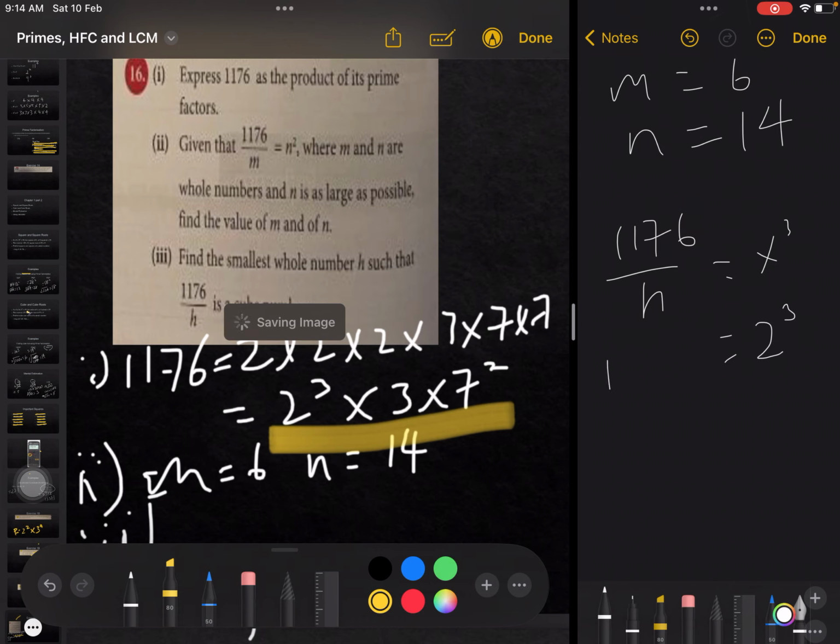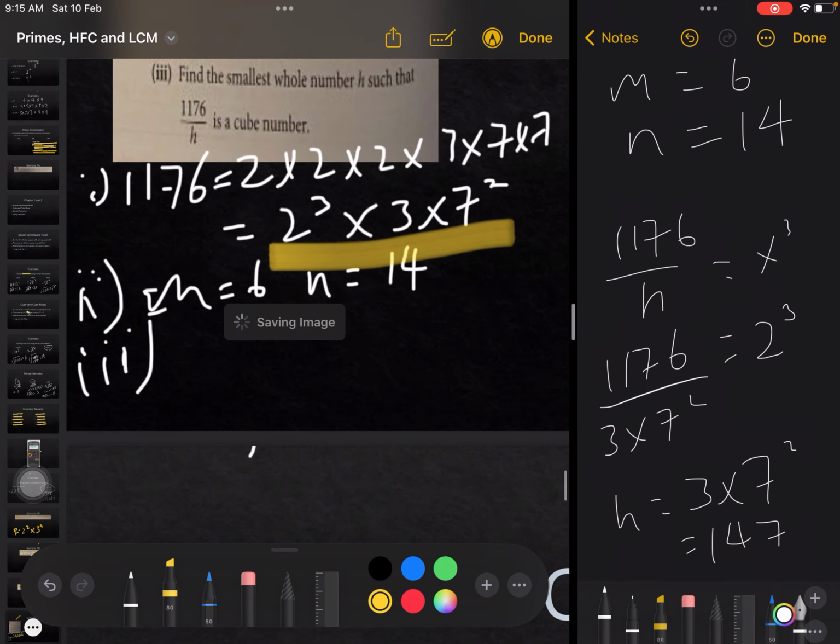So h equals 3 times 7 squared, which equals 147. So the answer is h equals 147.